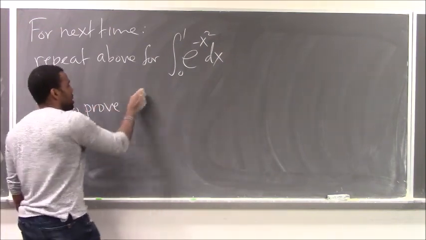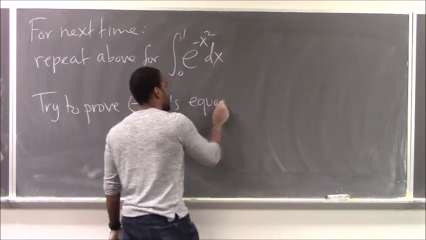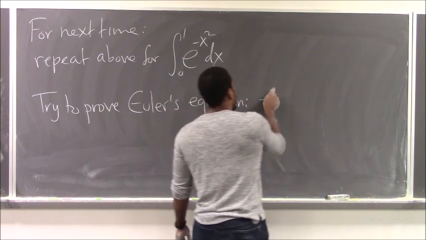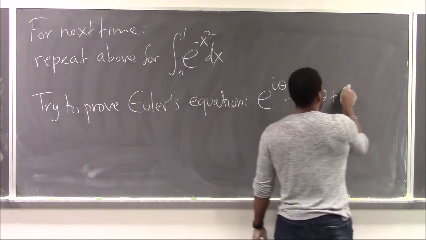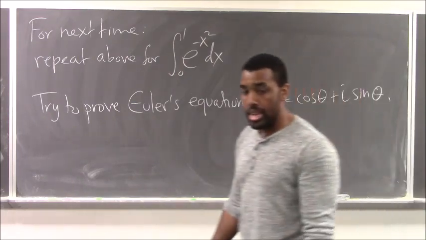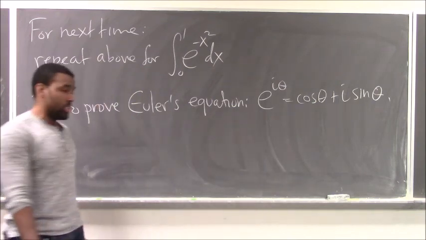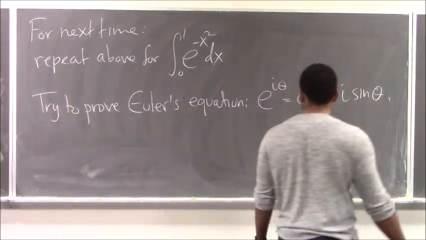And I'll do this next time, but try to prove Euler's equation. That is the fact that e to the i theta is equal to cosine theta plus i sine theta. The hint would be, use Maclaurin series and see if you can figure it out.